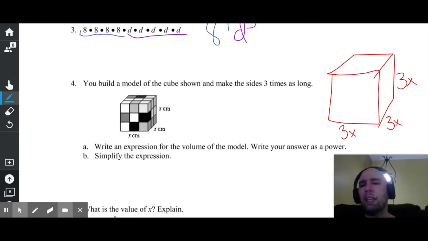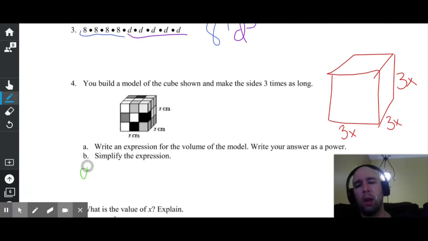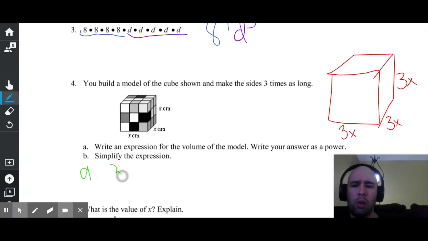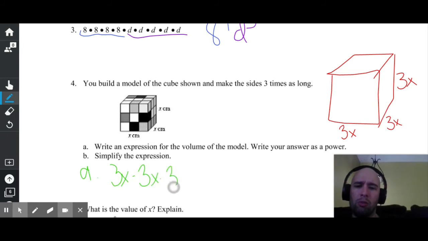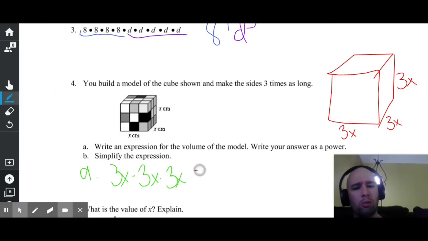Okay, so A is asking me to write an expression for the volume of the model, write your answer as a power. So A is saying 3x times 3x times 3x. In other words, 3 times 3 times 3 is 3 to the 3rd. I have 3 threes there.